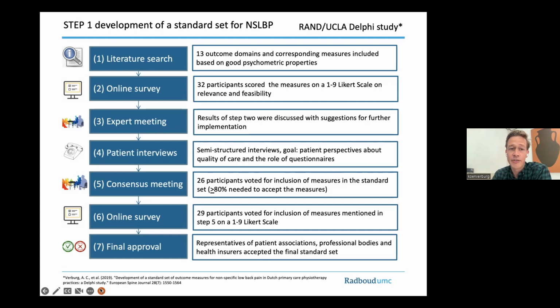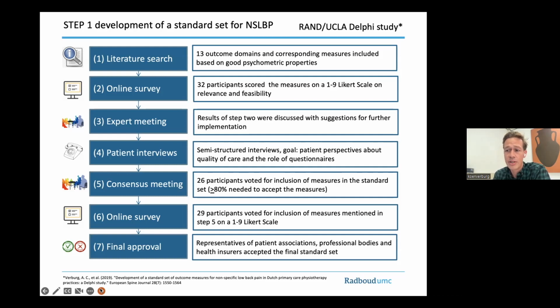So what we actually did for the first step to develop a standard set, including patient-reported outcomes and patient-reported outcome measures, we performed a RAND-UCLA modified Delphi study in consecutive steps to reach consensus on the selection of those patient-reported outcomes and associated prompts together with stakeholders.